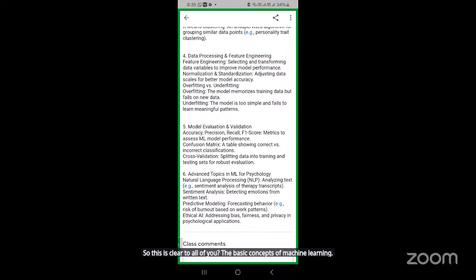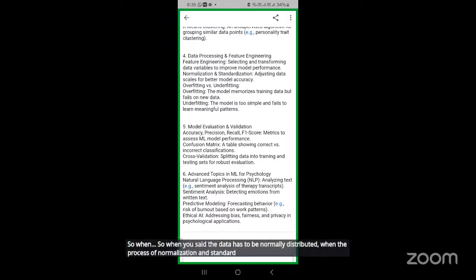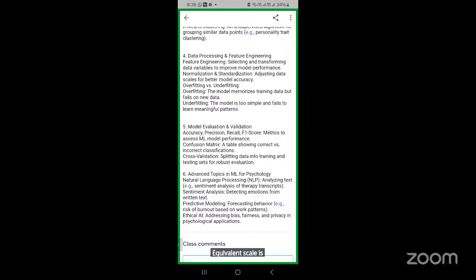So I had a doubt. Yes, Shara, please tell me. So when you said the data has to be normally distributed, when the process of normalization and standardization is happening, are we following the normal distribution curve, like standardizing in the sense we convert the raw score into a Z or equivalent scale? Is that what the normalization and standardization process follows?